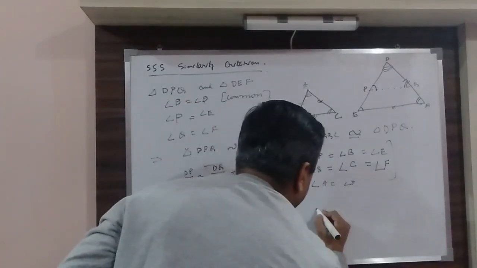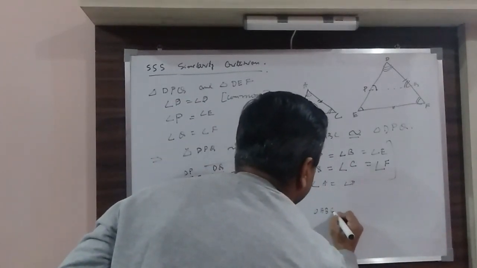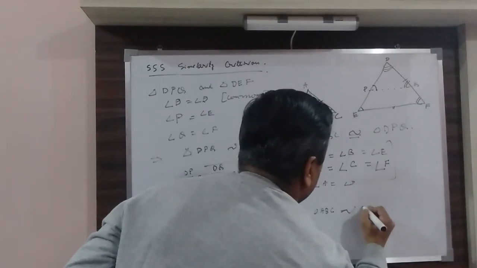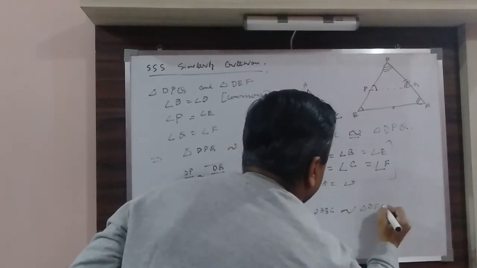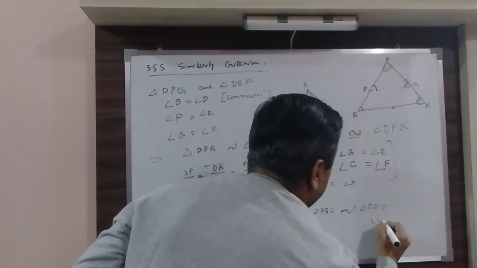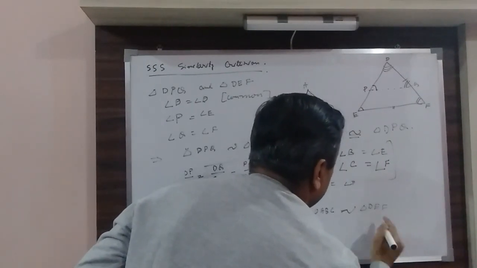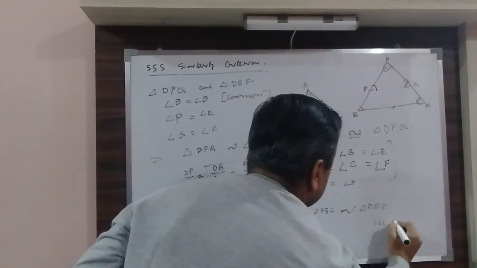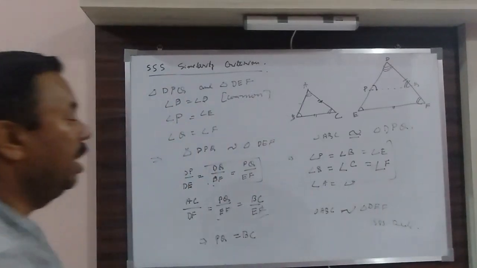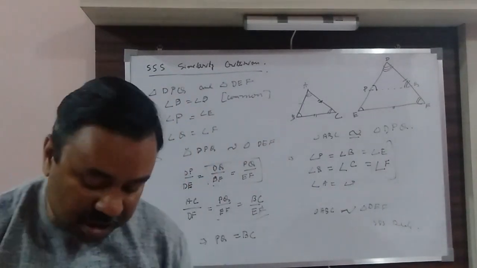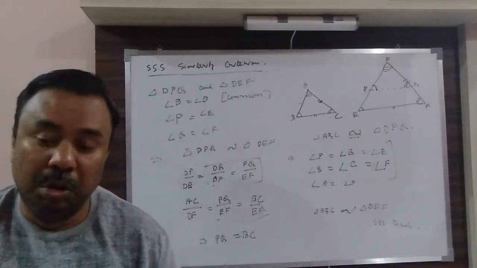So I can write it as triangle ABC is similar to triangle DEF by SSS rule. So this is one rule.